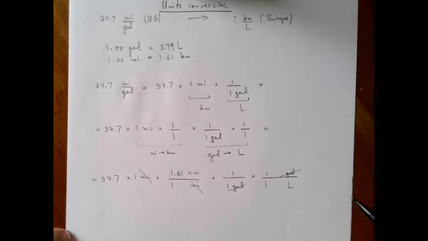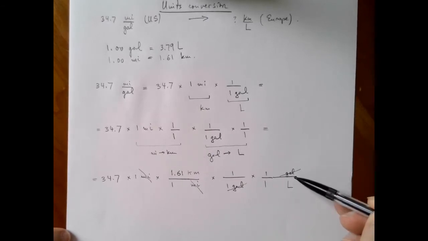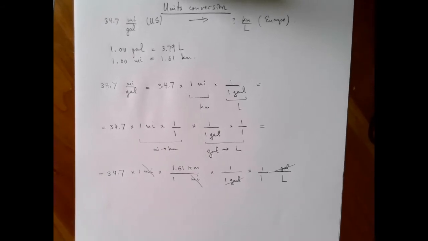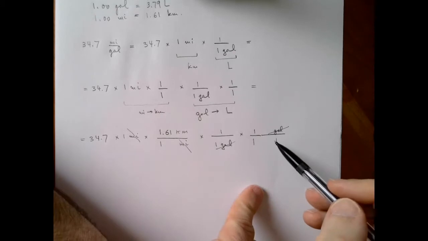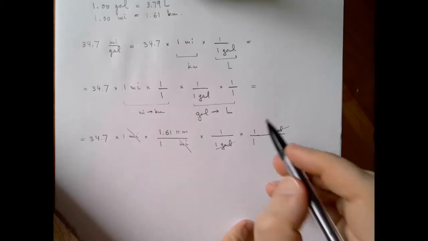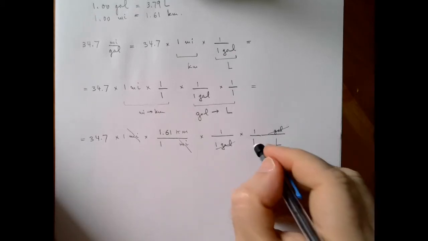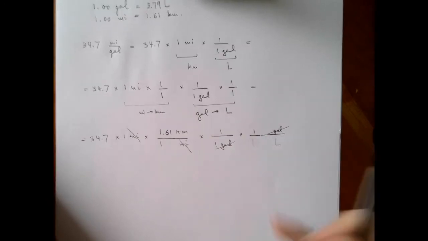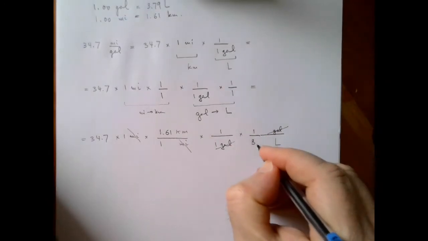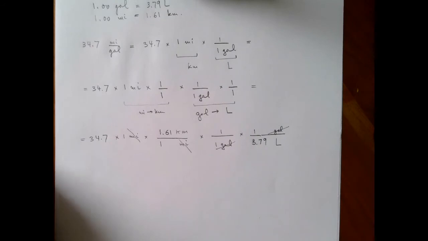Like before, if I add units to my 1 over 1 ratio, I have to include the conversion factor. So 1 gallon is 3.79 liters, which means instead of writing 1 here, I'm simply writing 3.79.